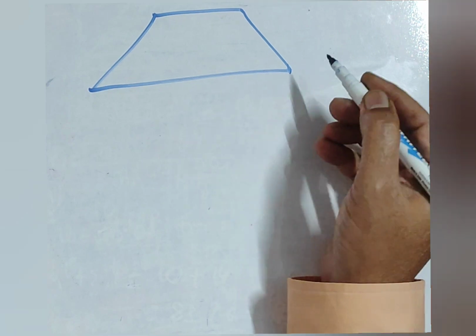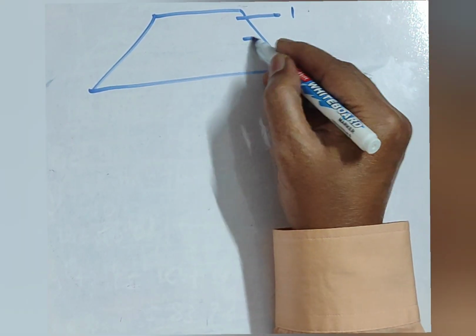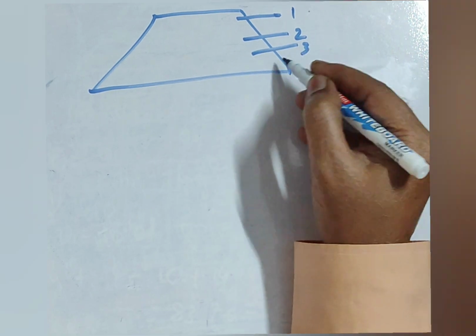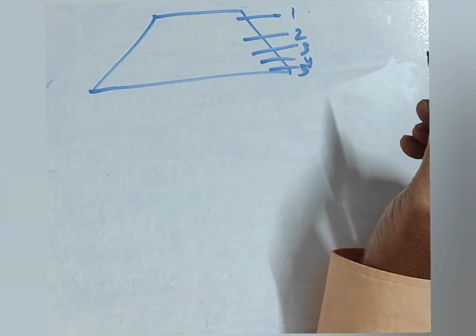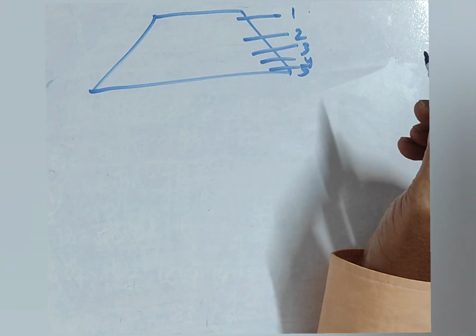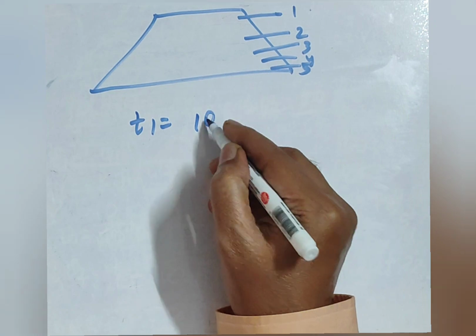Now comes the second tank, Y, in this shape, same volume. We will divide this also into 5 parts, from the center of gravity, 5 parts.